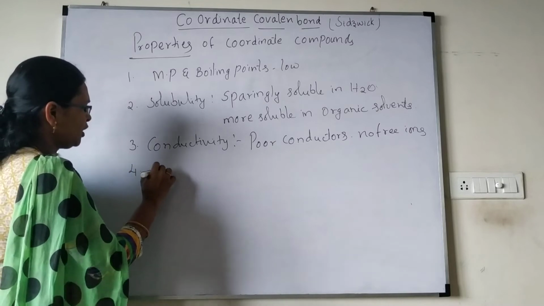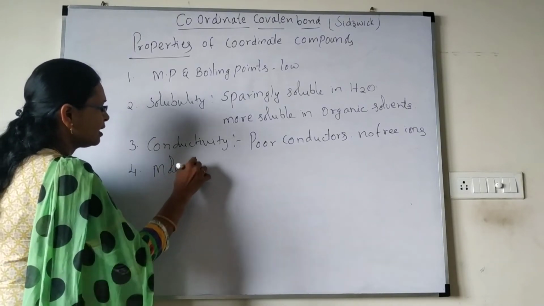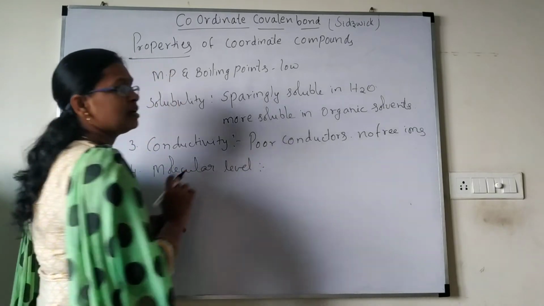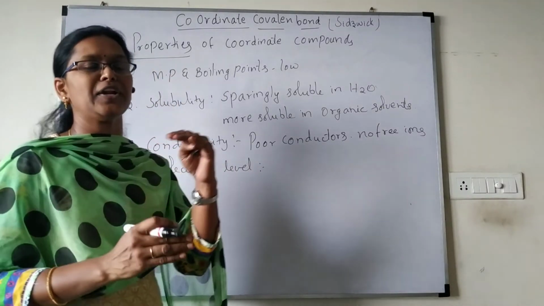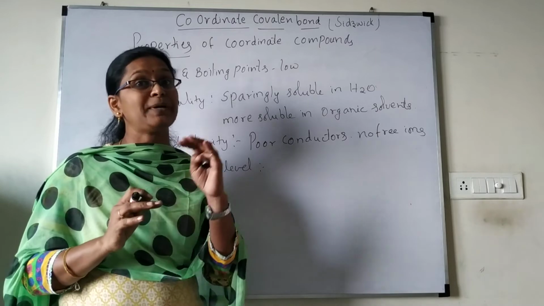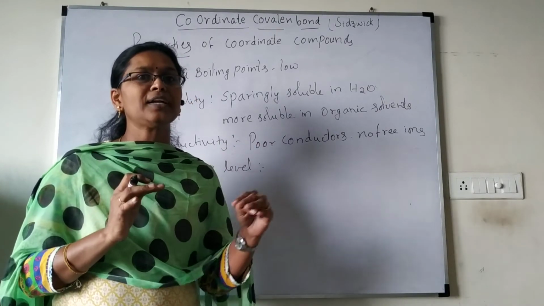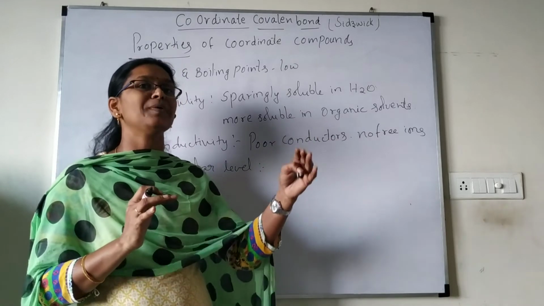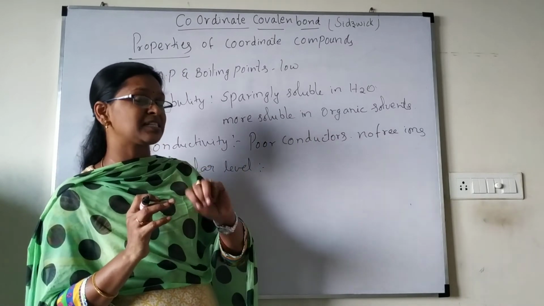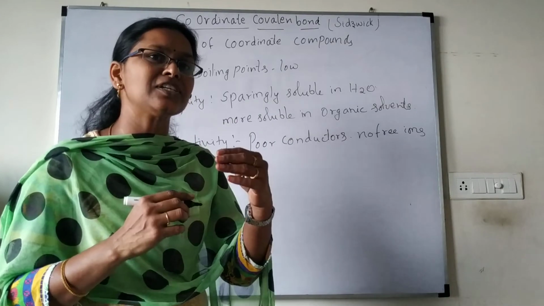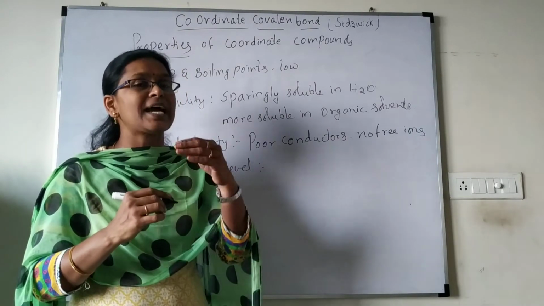And the next, the molecular level. What will happen here? Ionic compounds, what we discussed, are involved very much in precipitation reactions, right? They are not able to exhibit isomerism because an ionic bond is non-directional in nature. A covalent bond is directional in nature, so it exhibits isomerism.